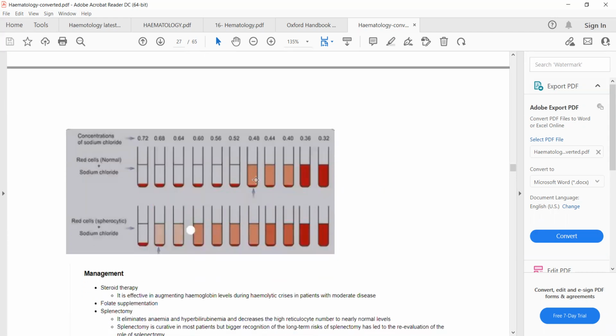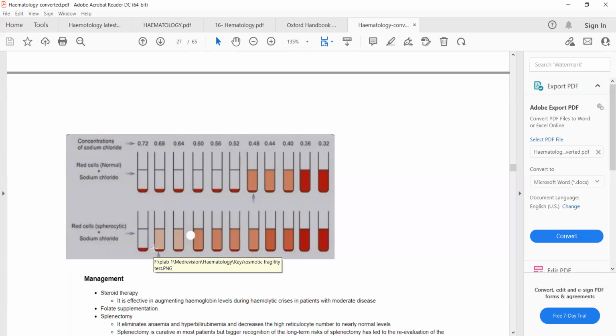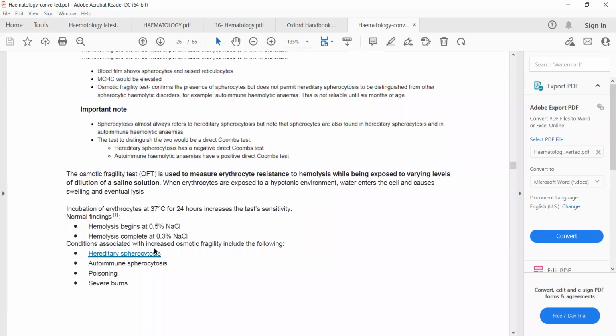But you can see that in hereditary spherocytosis or in autoimmune hemolytic anemia, the hemolysis of RBCs starts at 0.68%. So hemolysis starts earlier than expected. It means a positive osmotic fragility test.